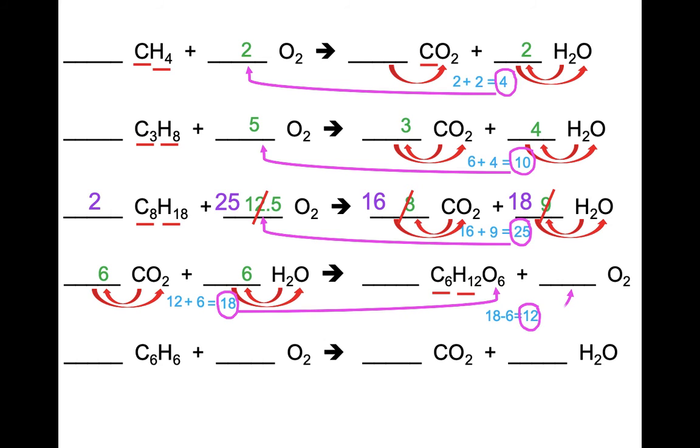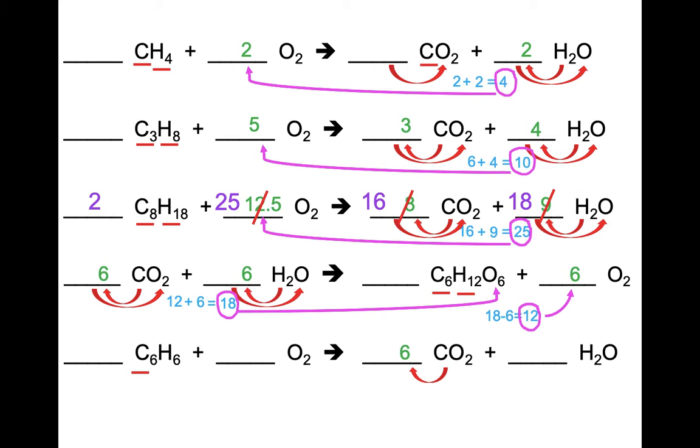So here, we need to get a total of 12, so that coefficient is 6. You know this formula as the formula for the production of glucose, which is photosynthesis.